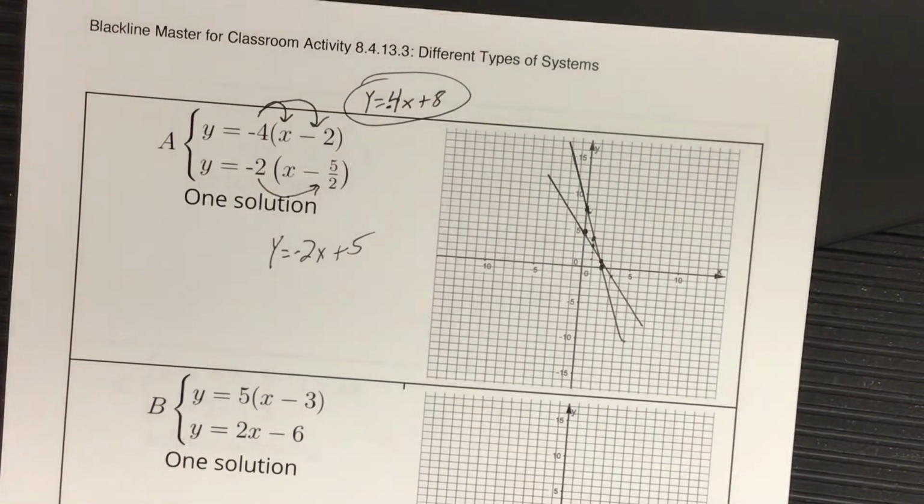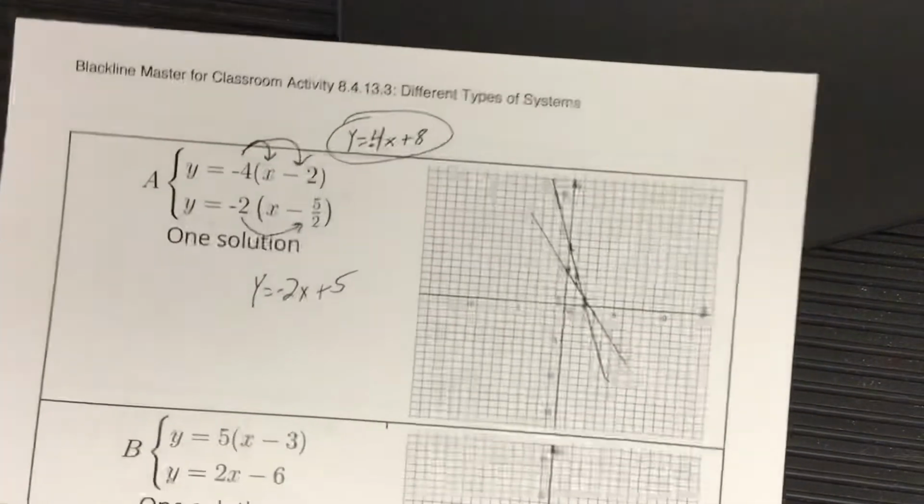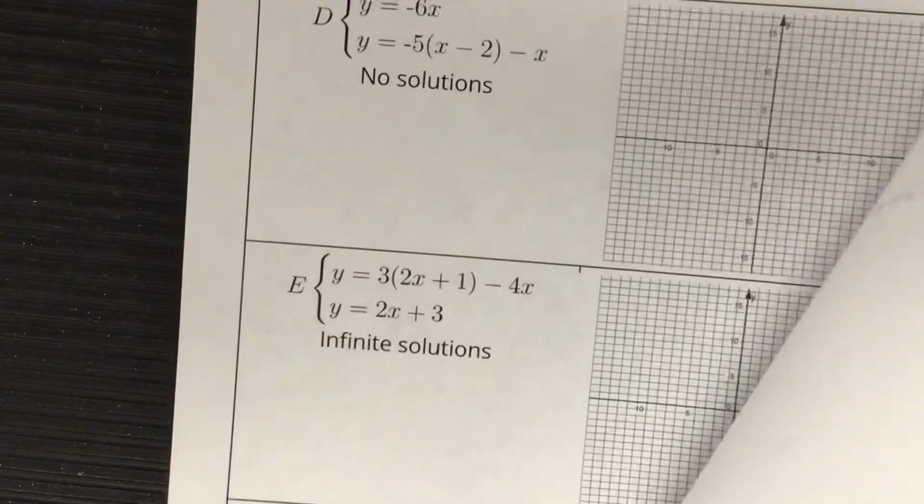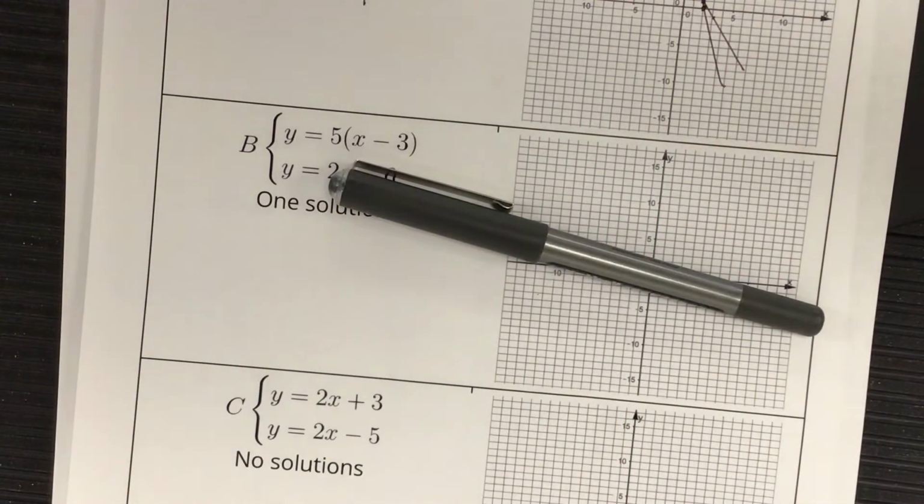All right, so there are 4 of these. I'm hoping you can get a couple done. So I'll let you pick 2 for sure, and then you'll keep working on the others with a partner. B, C, D, and E. I got 4 sheets. Can you get yourselves into groups of 4?